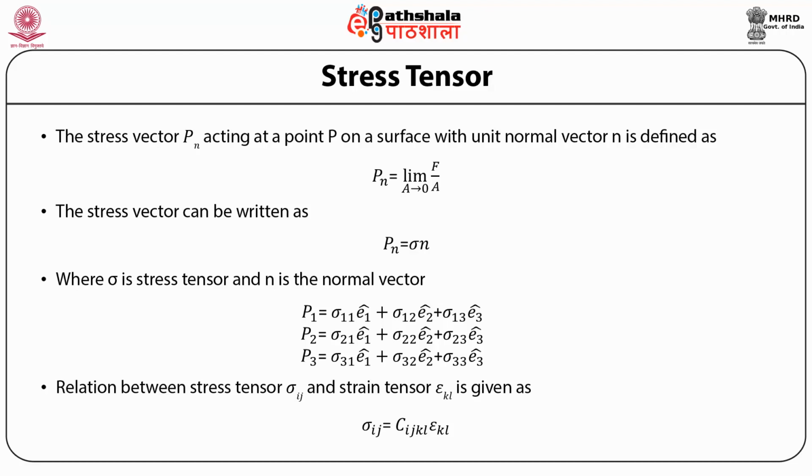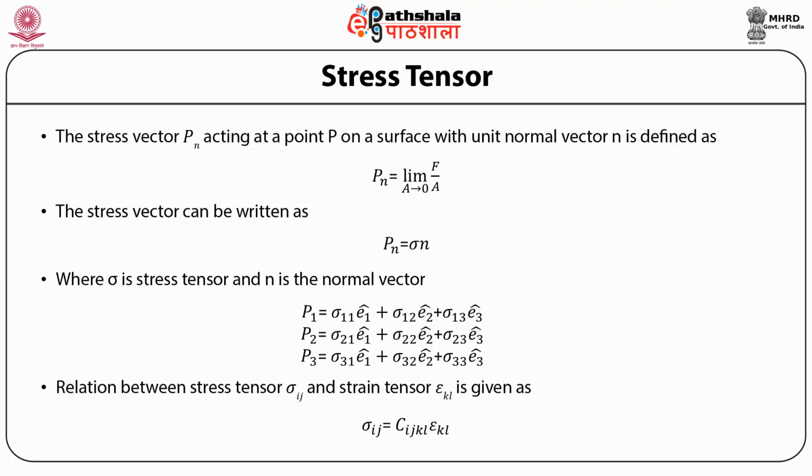three components: sigma 11, sigma 12 and sigma 13. Sigma 11 is the normal component and sigma 12 and 13 are the tangential components of the stress vector.